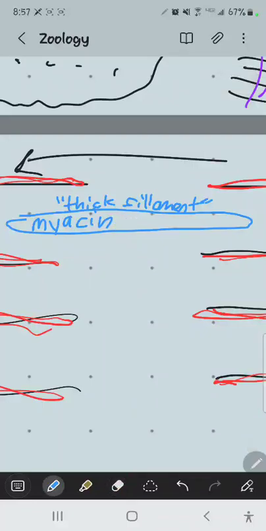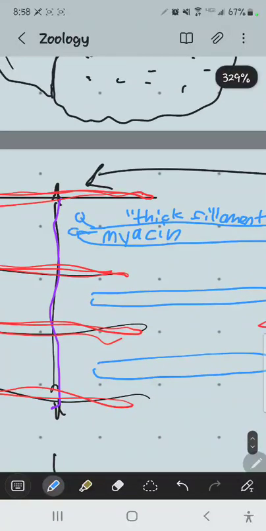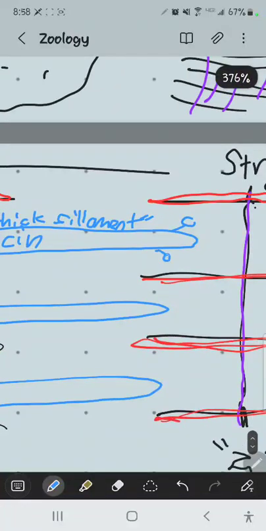At the very end of the myosin, it terminates into these heads, like this. There's more than what I'm drawing. There's lots of them. I'm just drawing a half dozen or so on each side. Myosin heads.